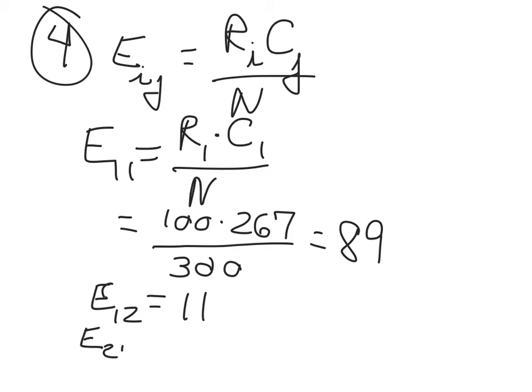E21 has to be 267 minus 89. Let's put that in the old calculator. 267 minus 89, and that gives me 178.